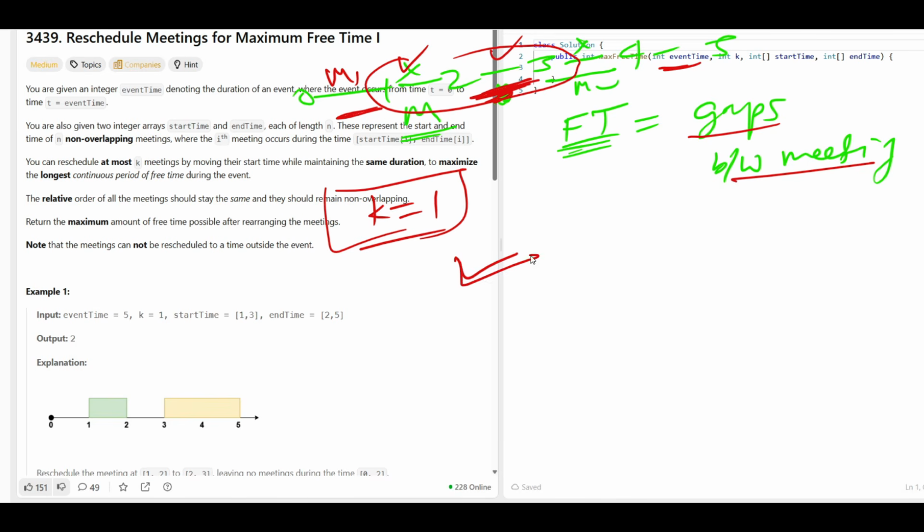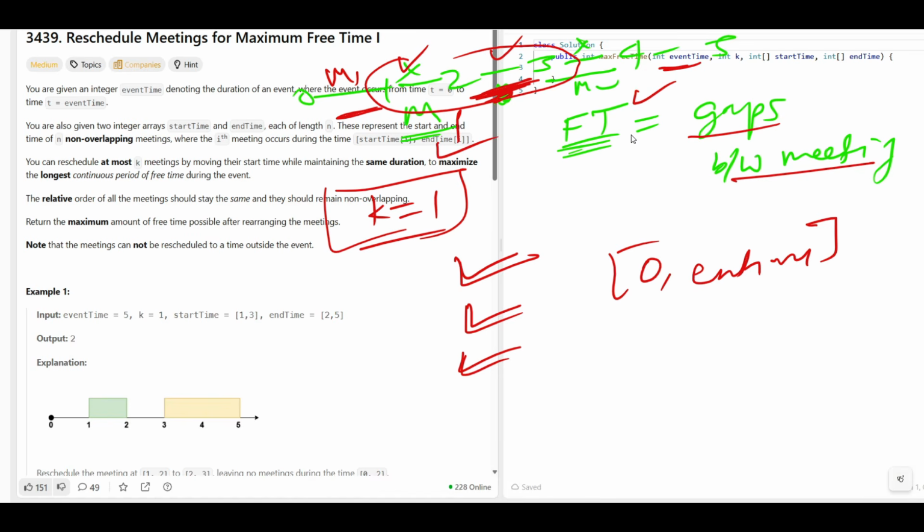We'll maintain the meeting order, we'll avoid overlaps, and we'll respect the time limits also. We have checked that the event time is within bounds, we have not overlapped anything, and we have maintained the order. M1 will go first, then M2 after that.